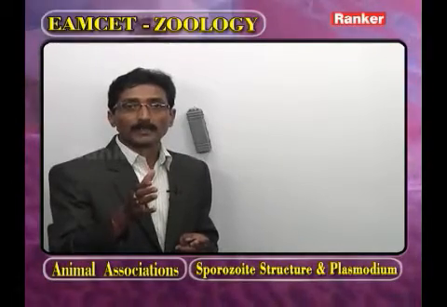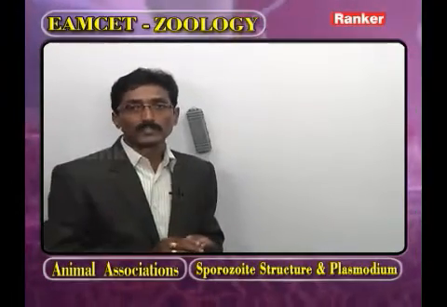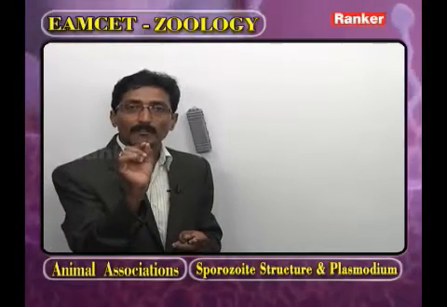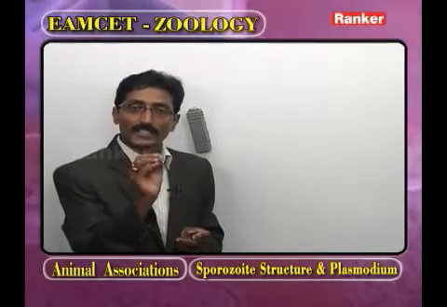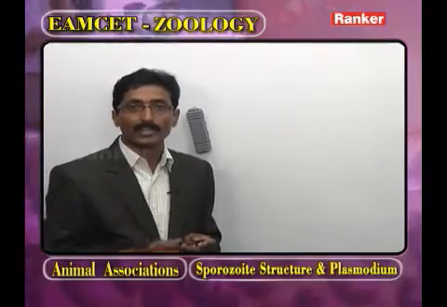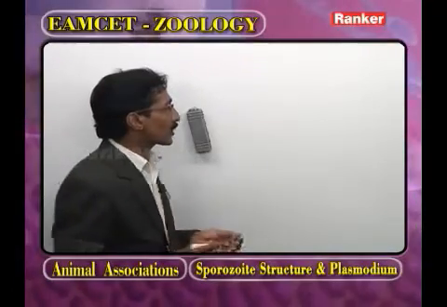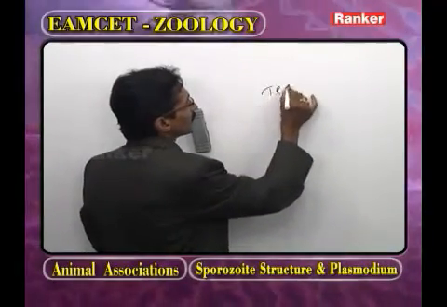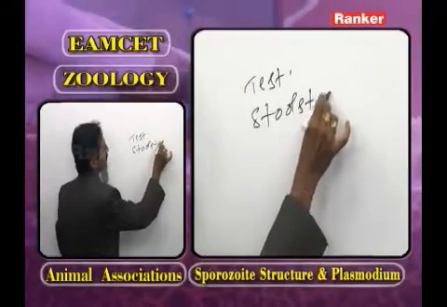The patient explains, I have been suffering from bloody motions. In the motion, I am getting blood and mucus. Now based on these characters, the doctor examines his fecal matter. In order to identify Entamoeba histolytica, what type of test is conducted? That we call the stool test.